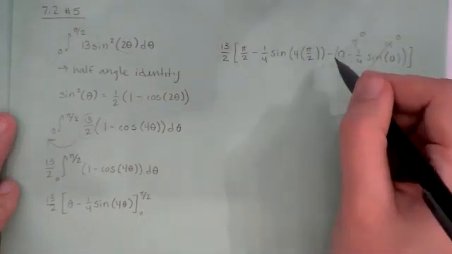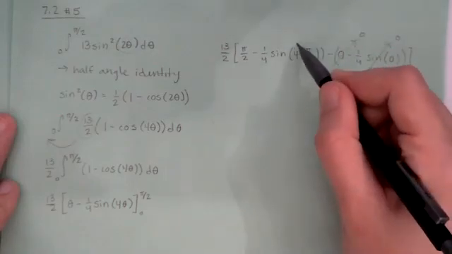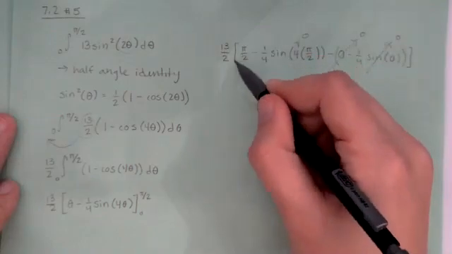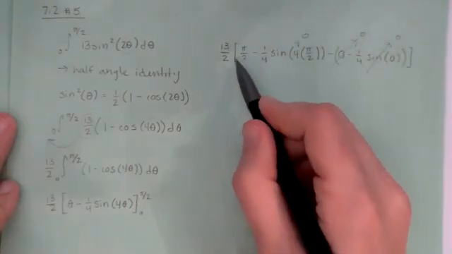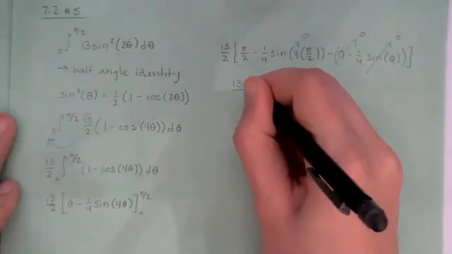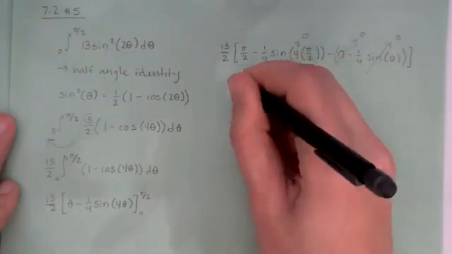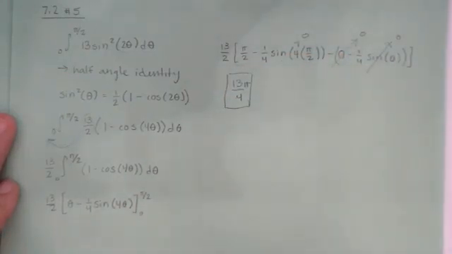So that is also 0. And so the only part that really comes into play is just this pi over 2 right here. So that's really all we have to multiply our 13 halves by. And so that means that the answer to our integral is going to be 13 pi over 4. And there you have it.